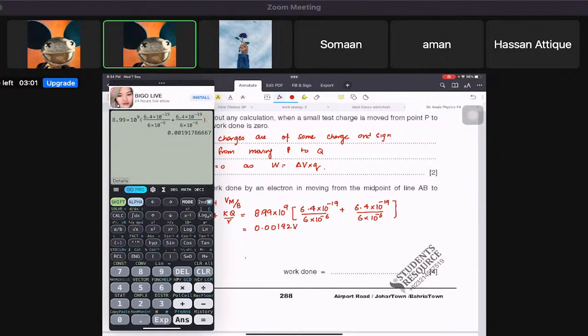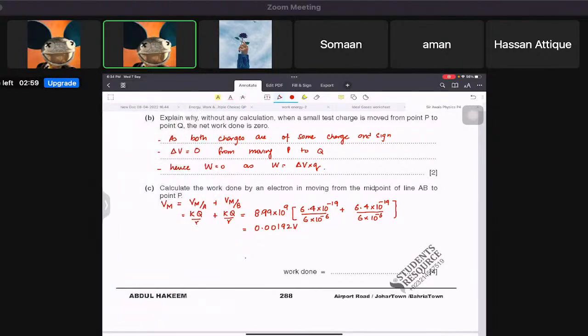Okay, so we got this answer, and then we will find the potential where it moves. So it moves at P, so at P we're going to write the potential at P due to A plus potential at P due to B, right? So if I write an equation for this, it will be KQ over R plus KQ over R. K is the same, so we're going to write 8.99 times 10 raised to power 9.